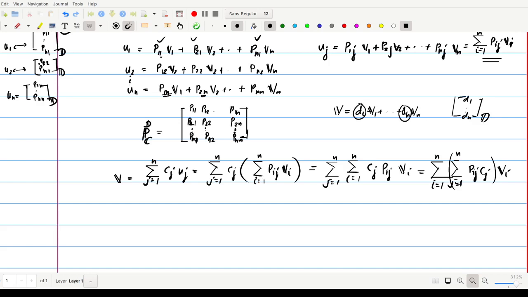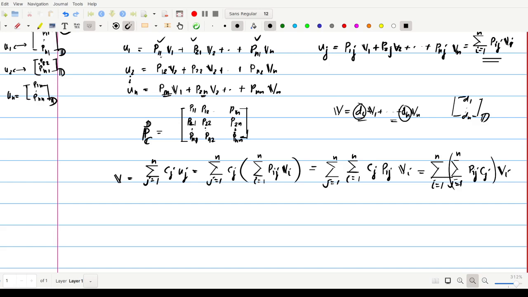Whenever you write v as a linear combination of v1, v2, vn, those coefficients will be the same as these coefficients. When you put i equal to 1 here, this expression will give the coefficient of v1. Similarly, if you put i equal to 2, you get the coefficient of v2.